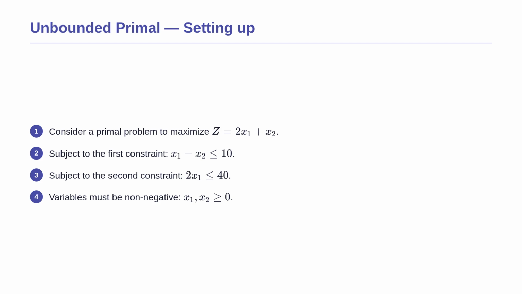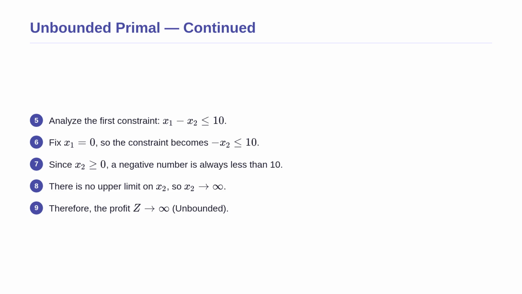We are going to analyze this primal problem to see why its profit can grow infinitely large. Then, we will build its dual problem to prove that it has no valid solution. Let us look closely at the first constraint. If we keep x1 fixed at 0, the constraint simplifies to negative x2 is less than or equal to 10.